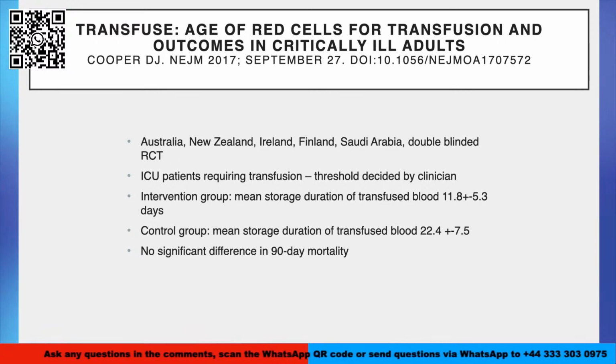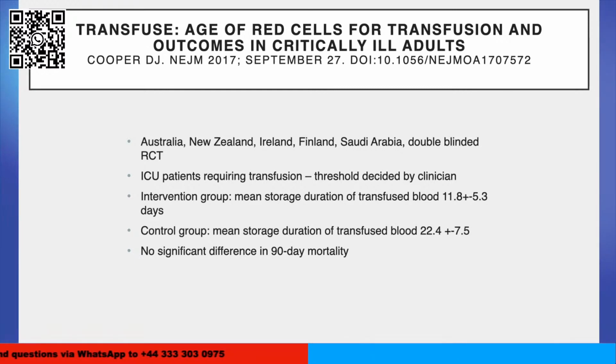The threshold for transfusion was decided by the clinician, but if the clinician decided they needed to transfuse the patient, those in the intervention group had blood that had been stored for a mean duration of 11.8 days. Those in the control group had a longer mean duration of storage, so that was 22 days, and they found no significant difference in 90-day mortality.